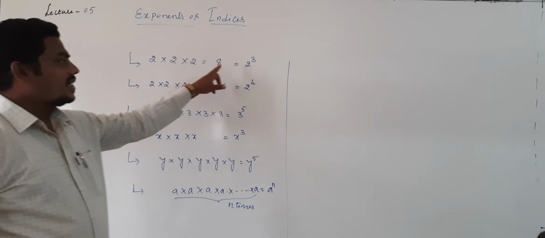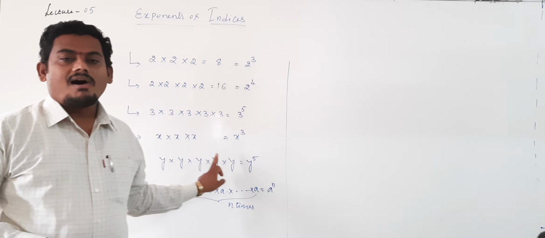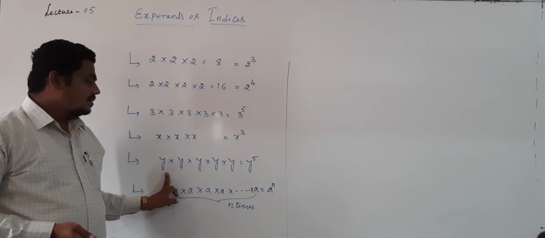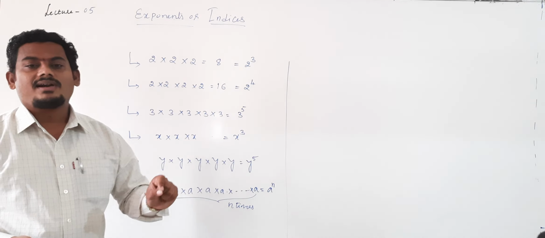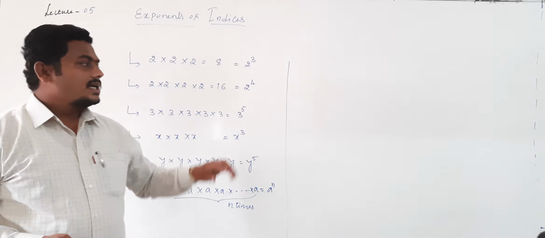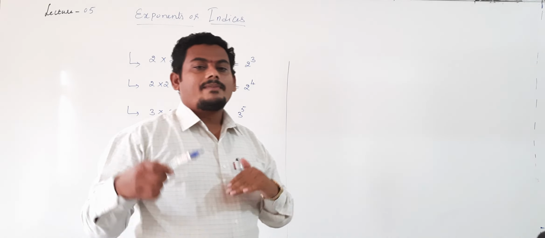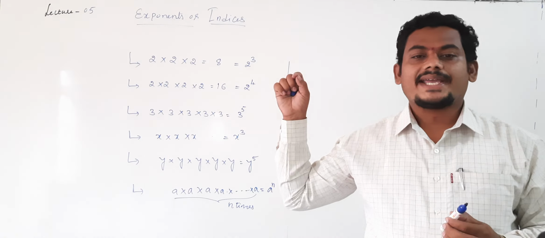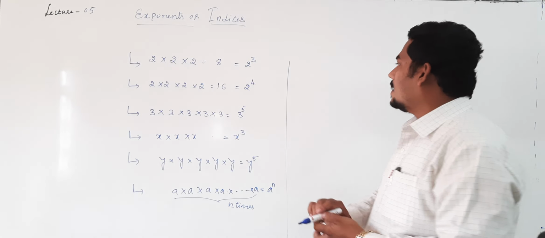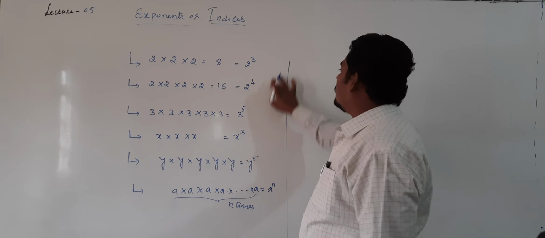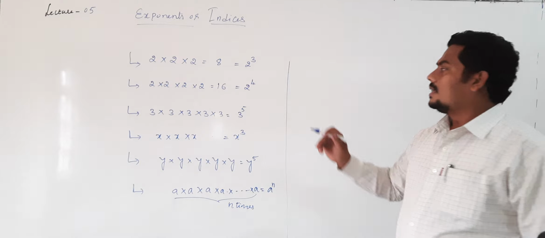The repeated multiplication of a number or variable is called exponents. That is the definition of exponent.